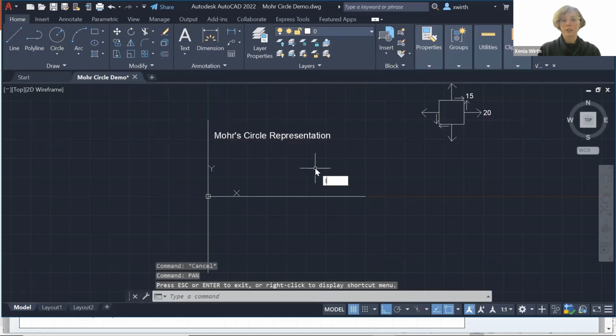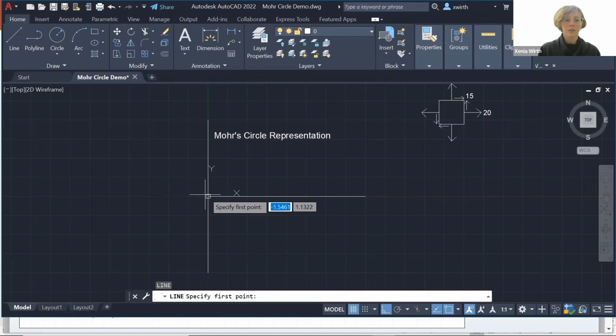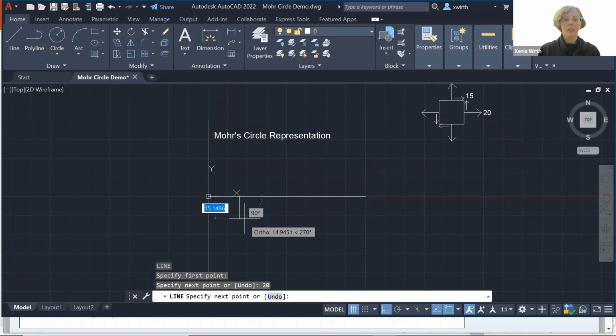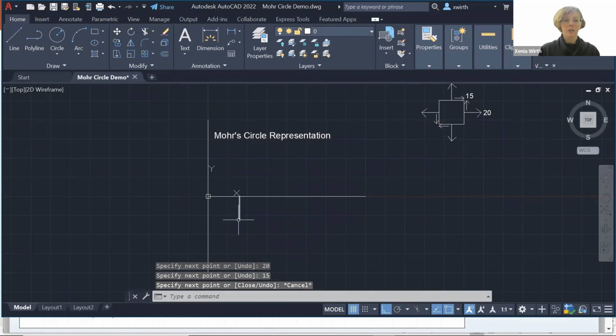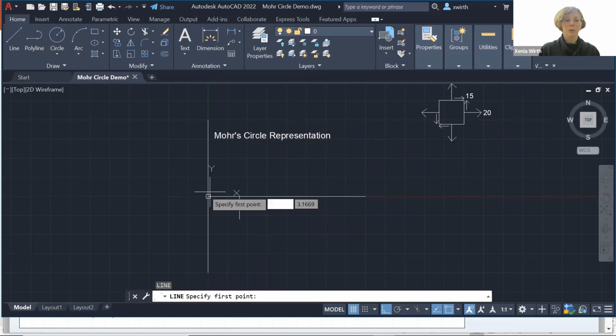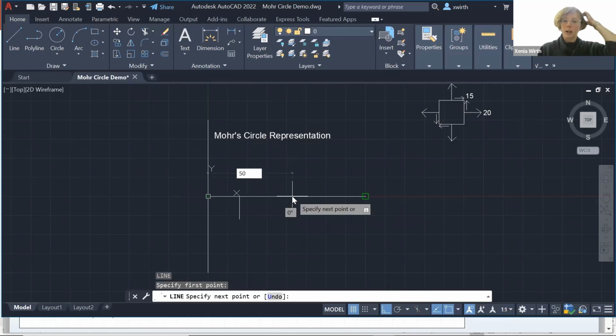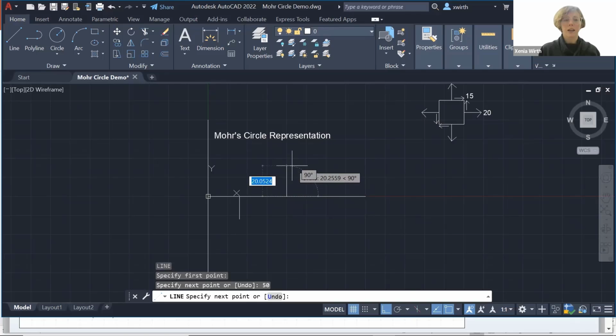I'm going to create a series of lines here to define my initial stress points. First is 20 and 15. This is my initial point of my Mohr's circle right here. Then I have another point defined as 50, my other initial normal stress value, and negative 15, which means 15 in the upwards direction here.